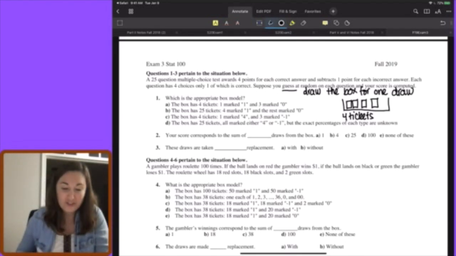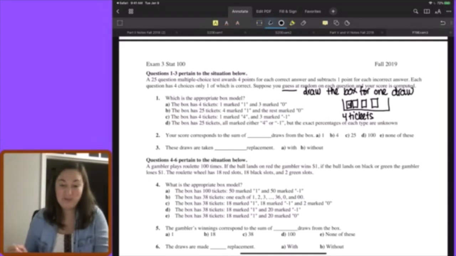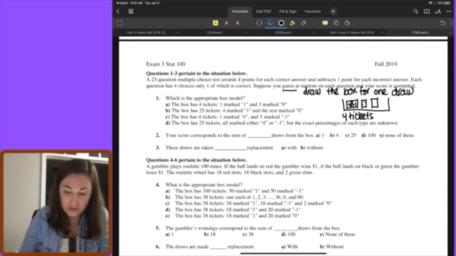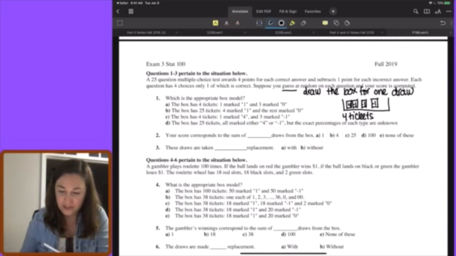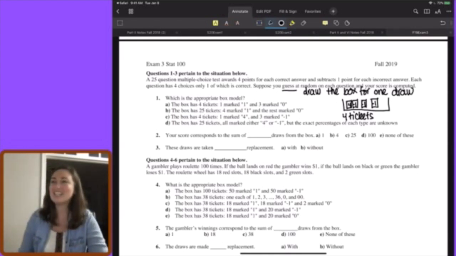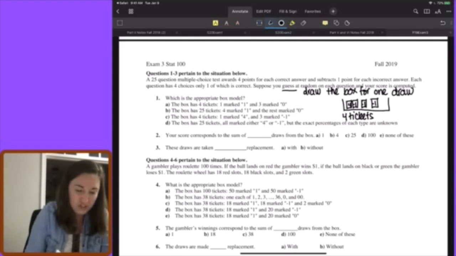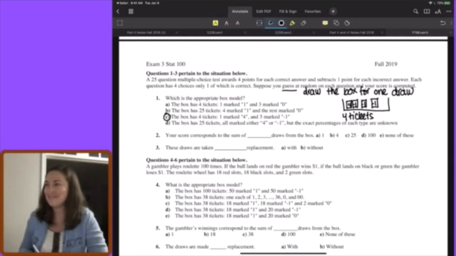There's one correct answer and you get 4 points for that, and then you get -1 points for every incorrect answer. So the box has 4 tickets, 1 marked 4 and 3 marked -1, which looks like that is C.